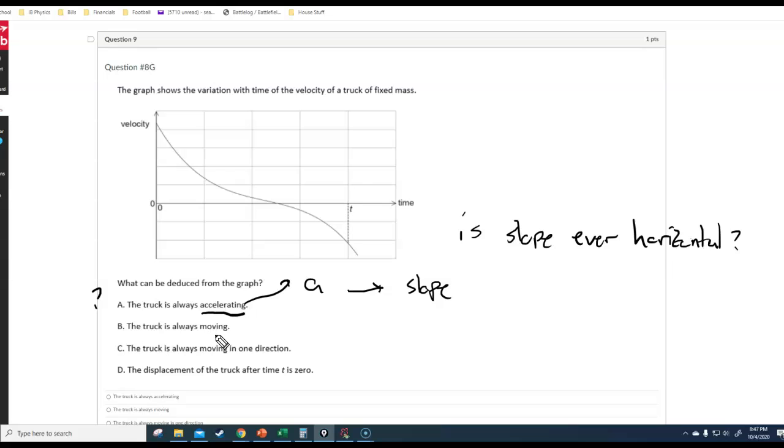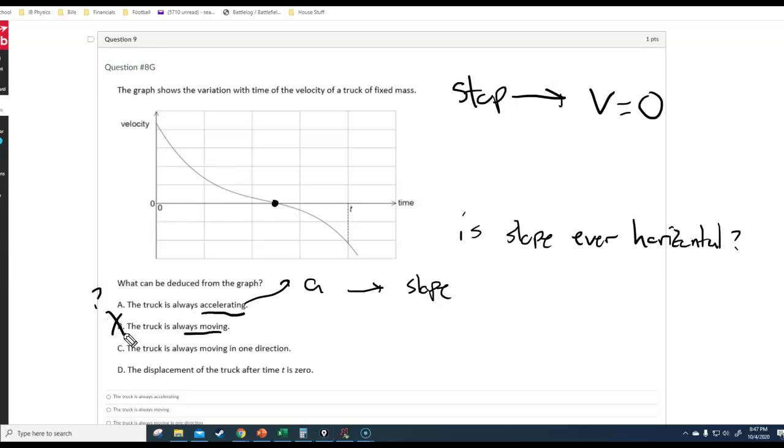B says the truck is always moving. So let's think about that for a second. If the truck were to stop moving, that means that the velocity would be equal to 0. Is the velocity ever equal to 0? Well, yeah, right there. The graph crosses the 0 right there, boom.